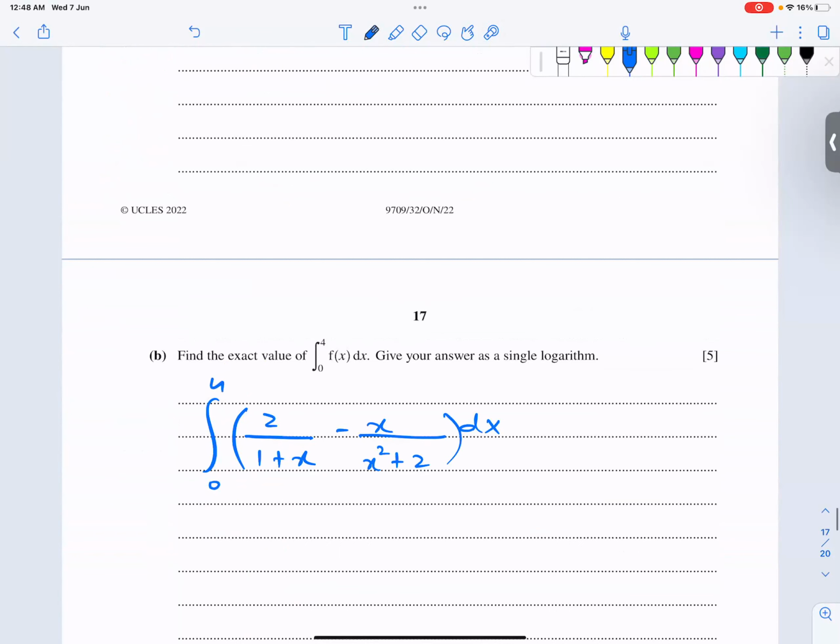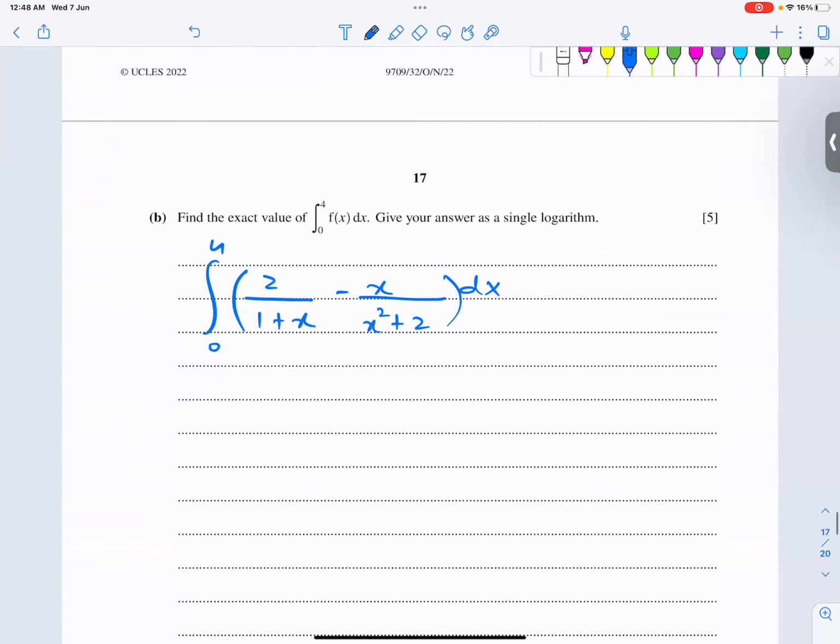Now, you have studied the formula that if you have a derivative in the numerator and a function whose power is 1 in the denominator, then its integral will be just ln of the function which is in the denominator. So you will apply this formula on the second integral and the first as well.